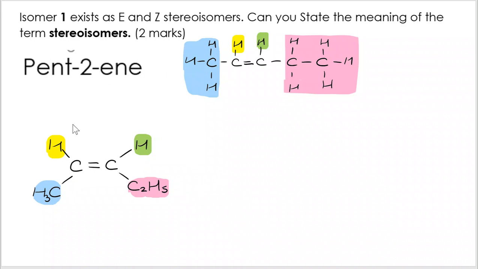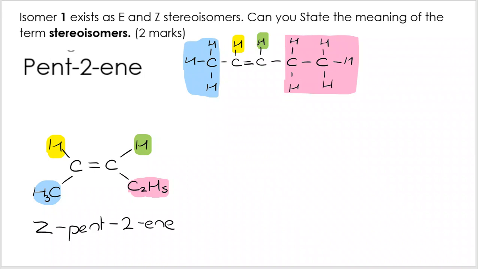And in both cases, H will be a lower value than their counterpart. So H, lower value than CH3, H, lower value than C2H5. So our 2 lower values are both above the double bond. They're together. And for that reason, we have Z pent-2-ene.